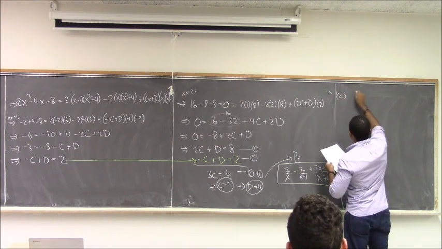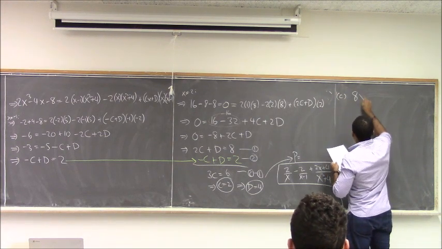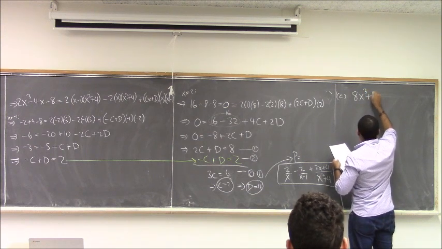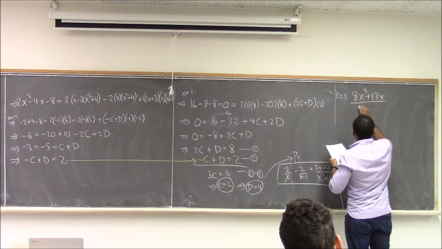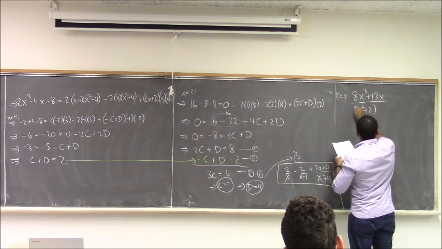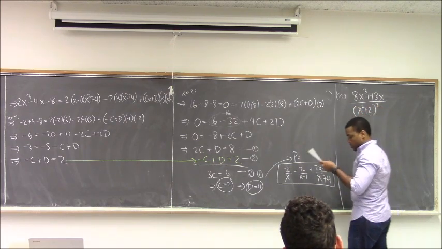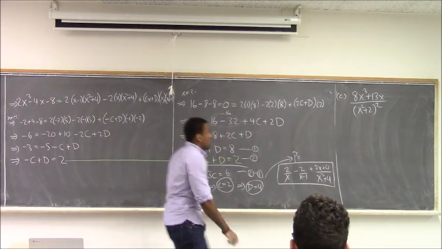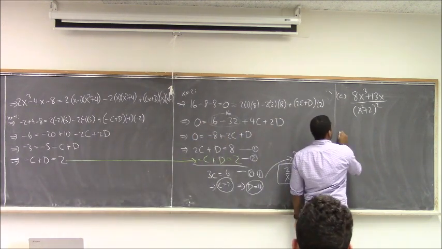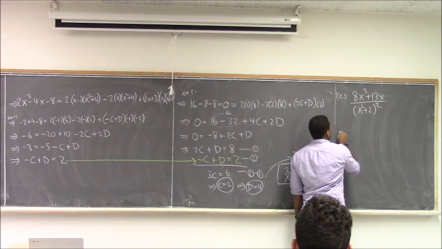Next, 8x cubed plus 13x over x squared plus 2 squared. All right, what happens here? Check if it's proper. It is? Yes. So what happens?